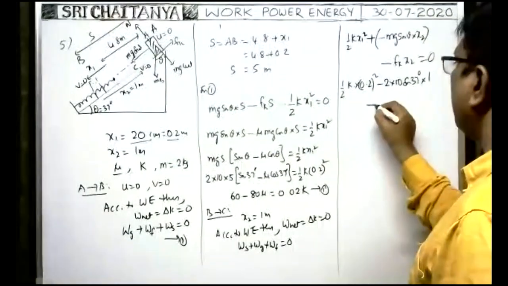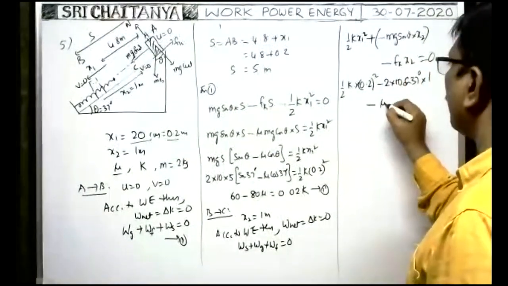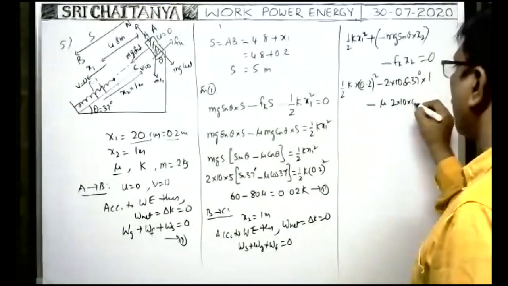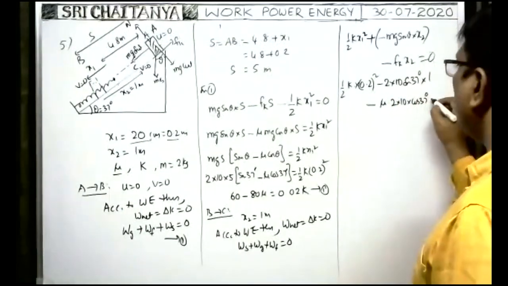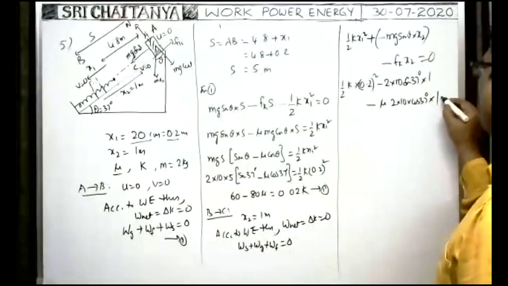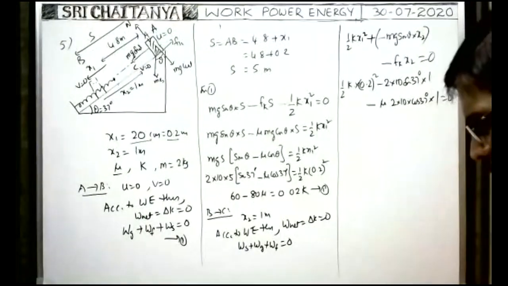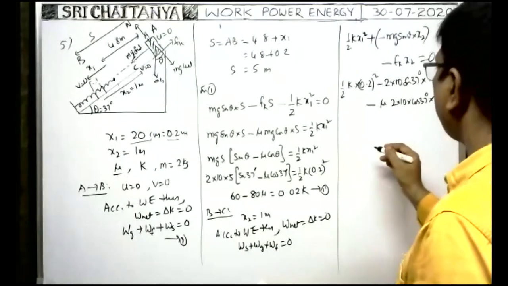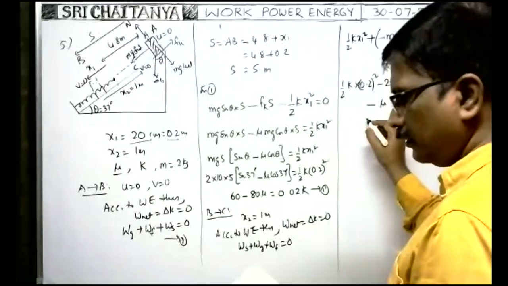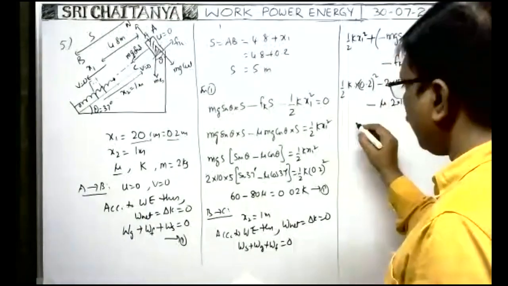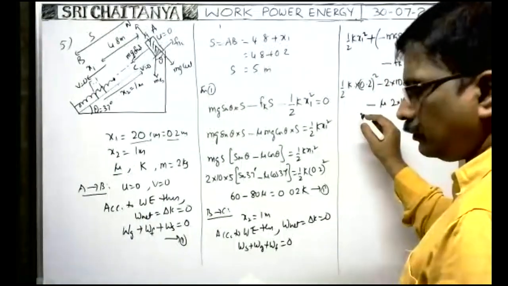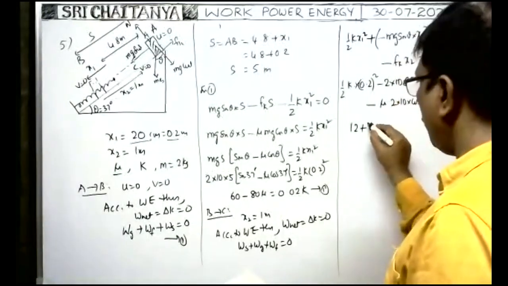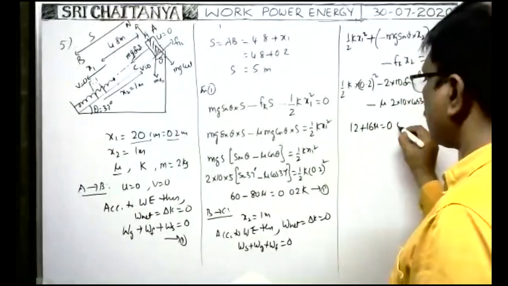So minus Fk, which means mu into the normal reaction mg cos theta. m is 2, g is 10, cos 37, into x2. x2 is 1 meter. That is equal to 0. So if you simplify, you will get 12 plus 16 mu is equal to 0.02 k.